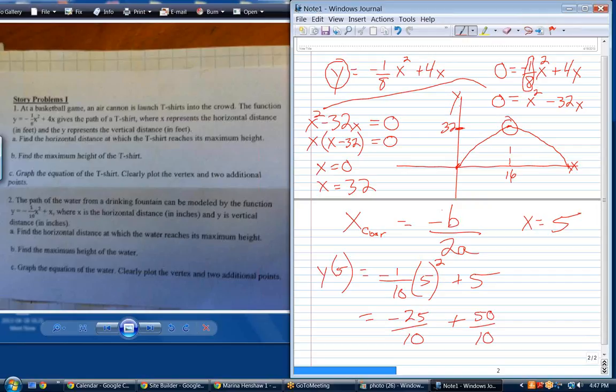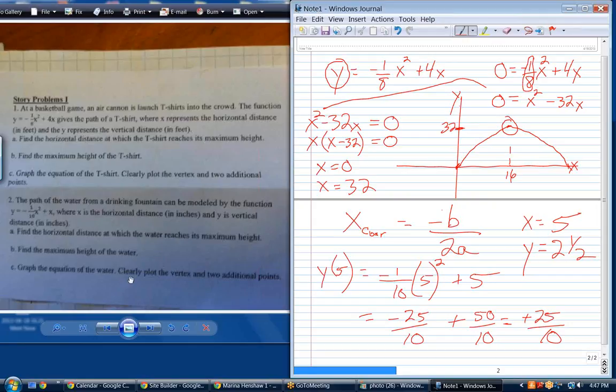Instead of writing 5, I'm going to write 50 over 10. And now I can add those two, and I get plus 25 over 10, which is 2 1/2. So the value of y when x is 5 is 2 1/2. That's the height of that drinking fountain water.